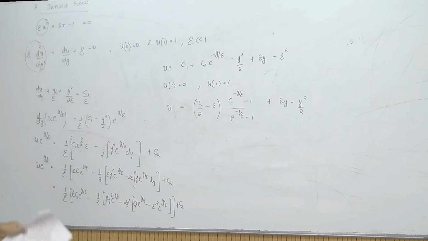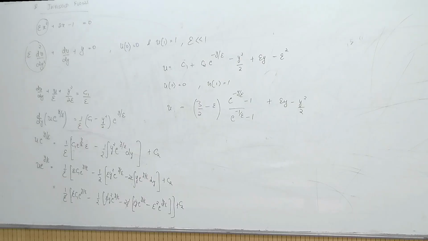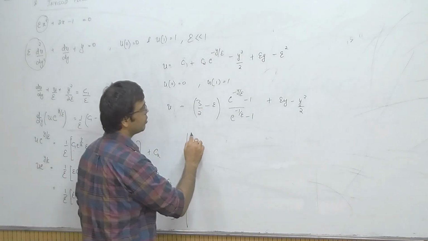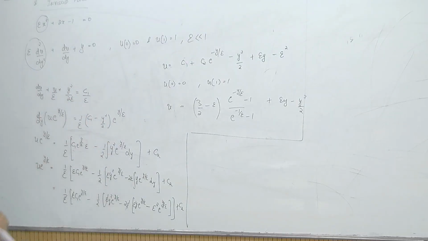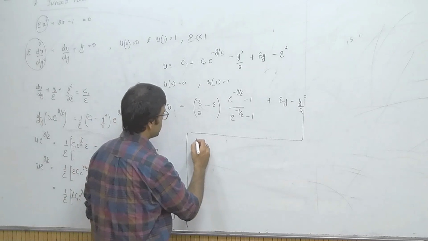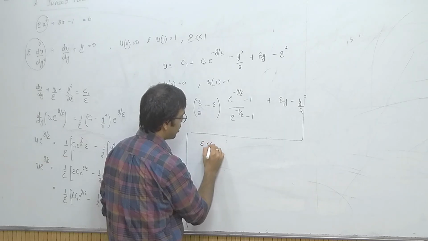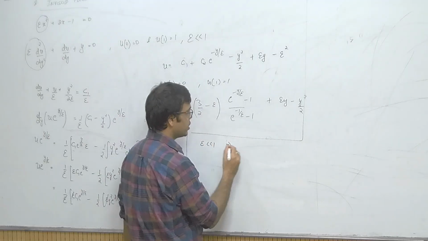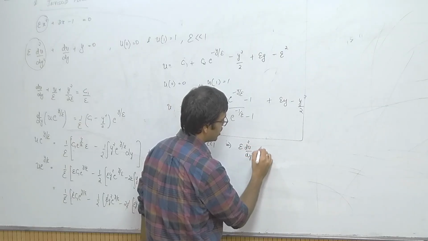Okay. So, before we translate our understanding from this equation to fluid mechanics, let us now do what I was saying we should not do and see what we get. Let us just drop this epsilon term and see what we get. So, we are saying that epsilon is much less than 1, and as a result we are saying that epsilon d2u over dy square is much less than 1.